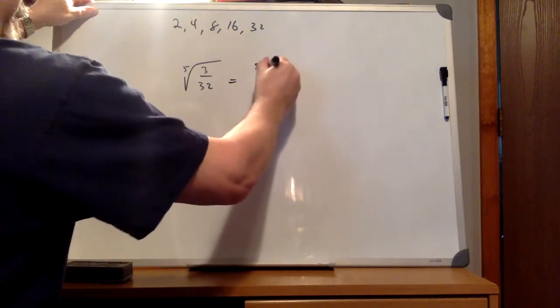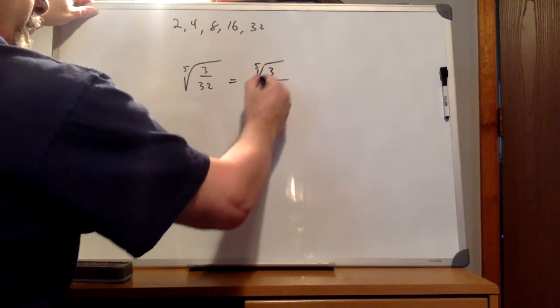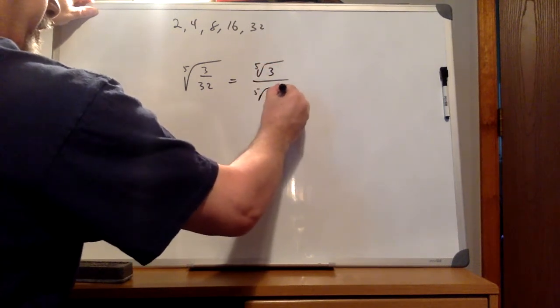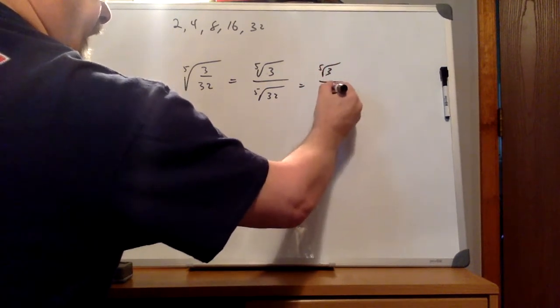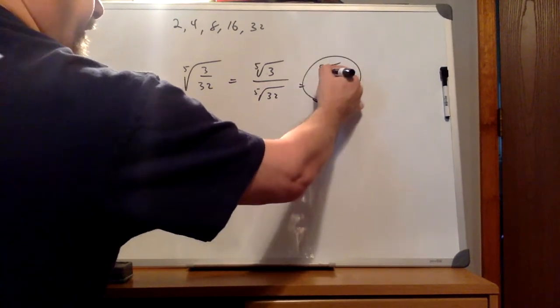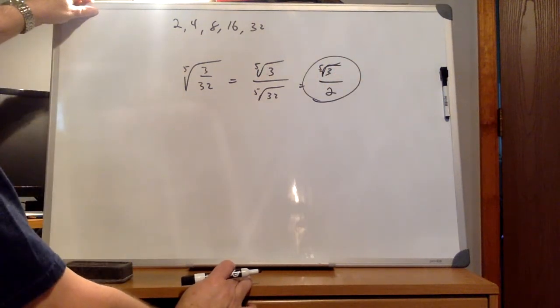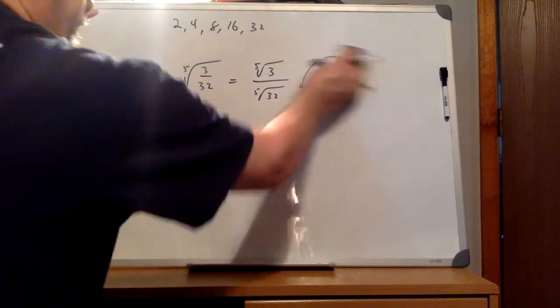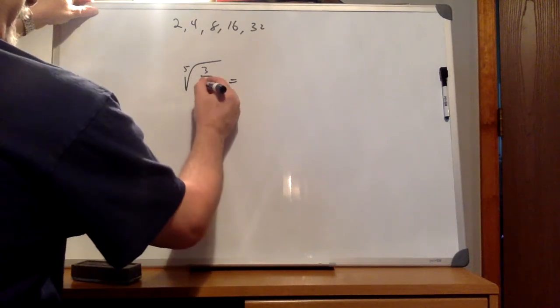So this becomes the fifth root of 3 over the fifth root of 32. So the bottom just becomes 2. So it's the fifth root of 3, looks a little sloppy there, over the number 2. What if this was, let's say, 8 here?